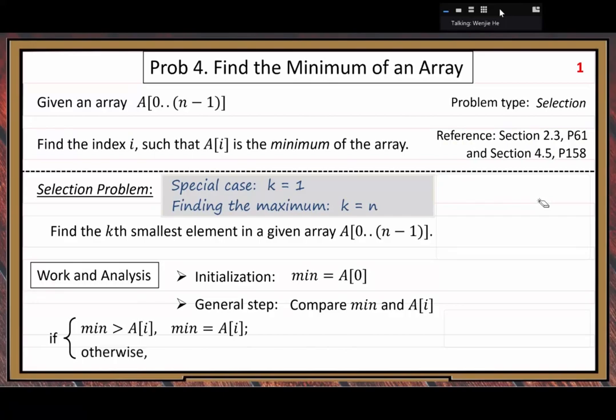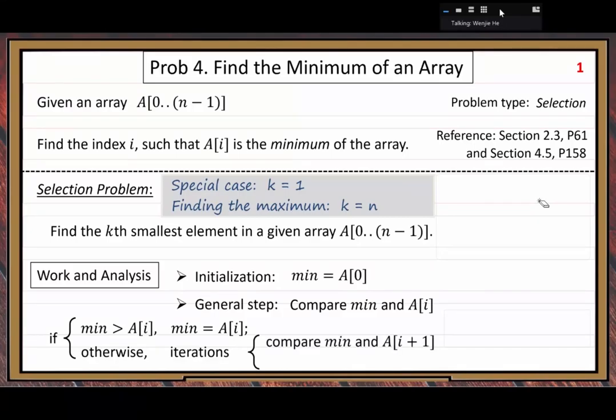Otherwise, so less than or equal to, that means you should not update it because you do not get better. Our goal, we want to find the global minimum, right? But now we improve. So this iteration, we have a chance to improve the value stored in this min variable. All right. So otherwise, we need to do the next iteration.